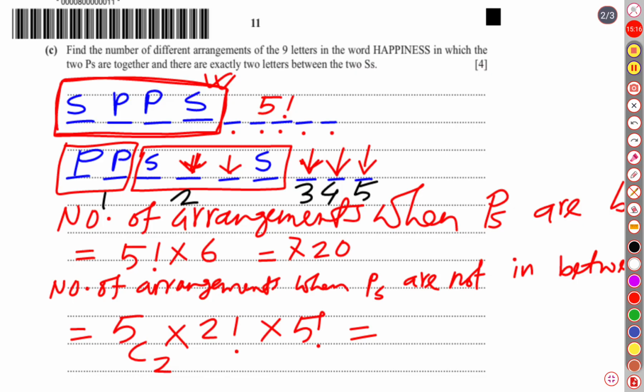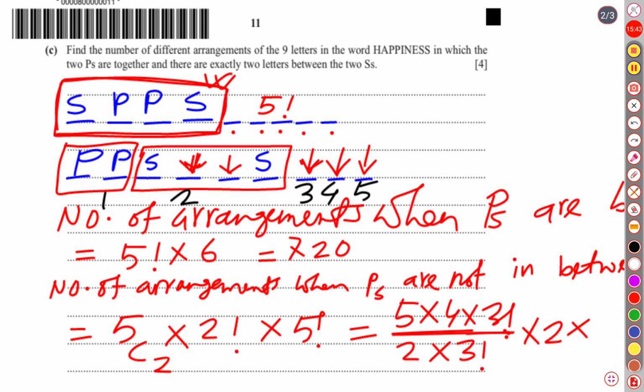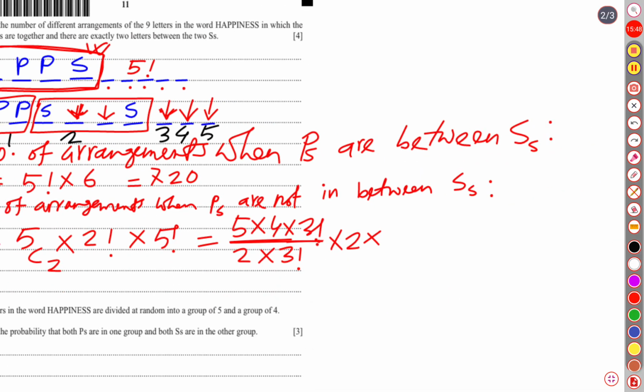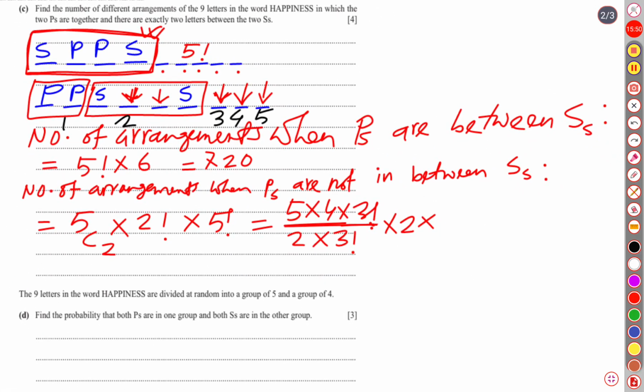Now let us calculate the total amount. It is going to be 5 choose 3, that means 5 into 4 into 3 factorial over 2 into 3 factorial. 2 factorial means 2, so 2 into 3 factorial. After that 2 factorial or 2 into 5 factorial, 5 factorial stands for 120.